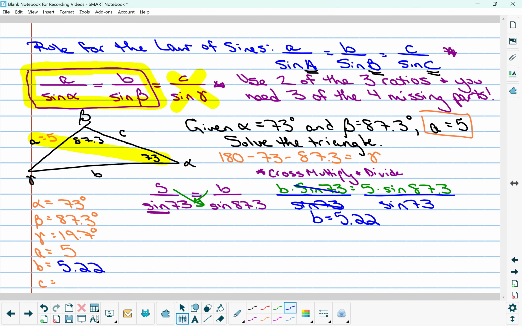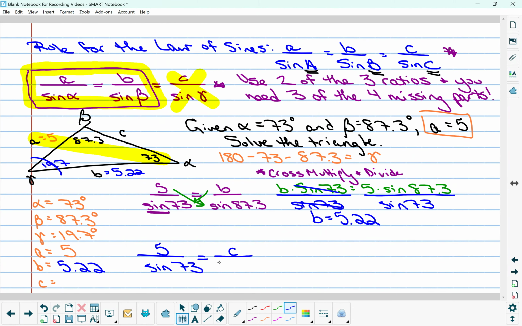Okay, and now sometimes people are like, well, I could do Pythagorean theorem. But keep in mind that you can only do Pythagorean theorem if you have a right triangle, and we do not. So you have to do law of sines again. And I would continue to use this A part because they gave you both pieces of that. So I would continue to use 5 over the sine of 73 is equal to, we know this angle right here is 19.7.